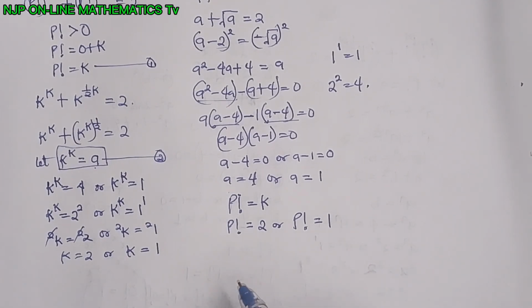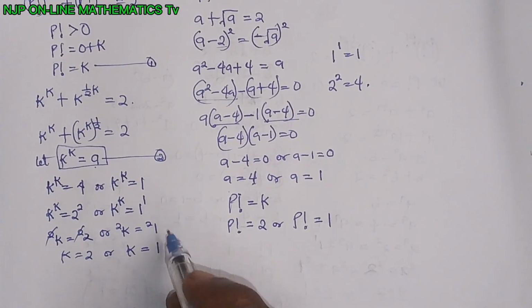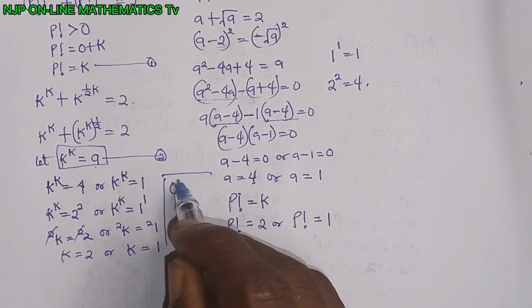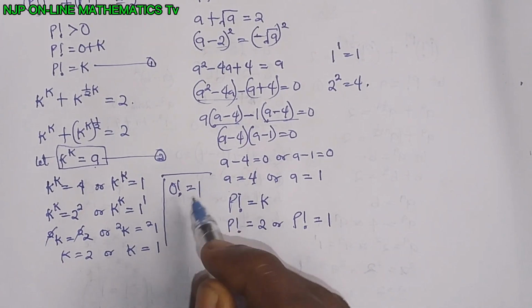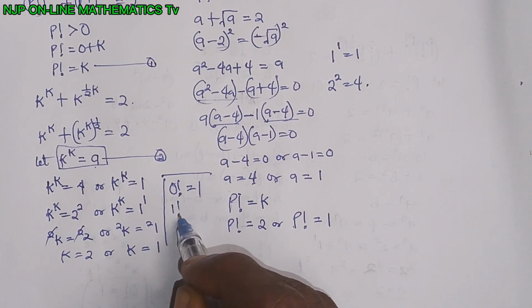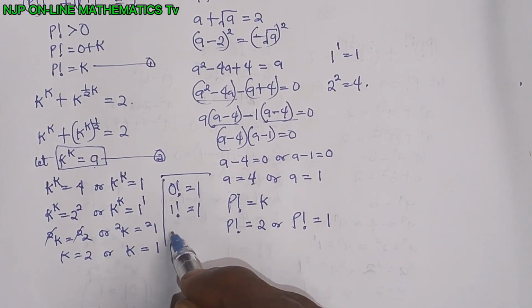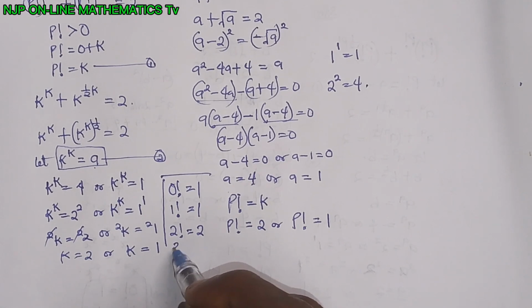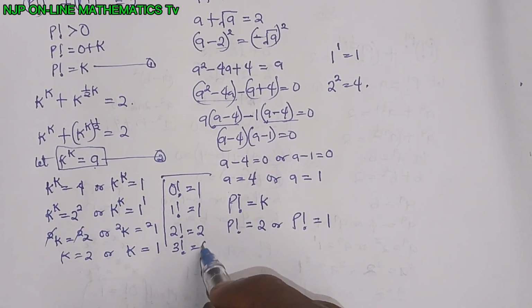But we need to remember from the factorial notation that 0 factorial equals 1, 1 factorial equals 1, 2 factorial equals 2, and 3 factorial equals 6.